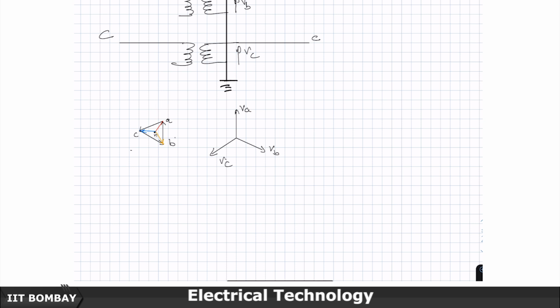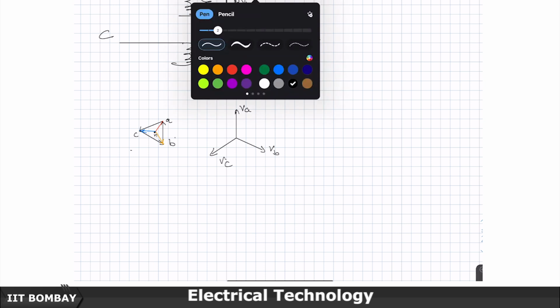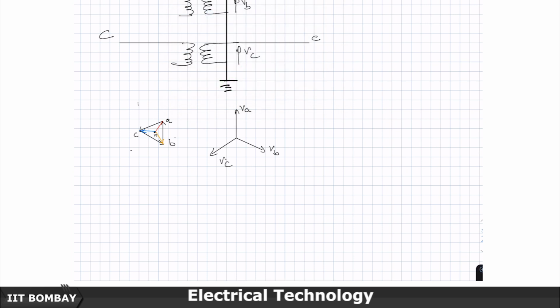Okay, now imagine first of all what is this angle here. This angle is exactly same as this angle, but this angle is 60 degree. It's an equilateral triangle, so this angle is 60 degrees.